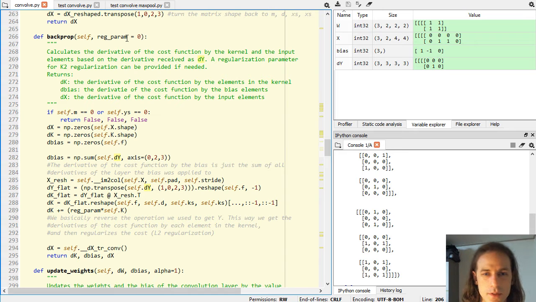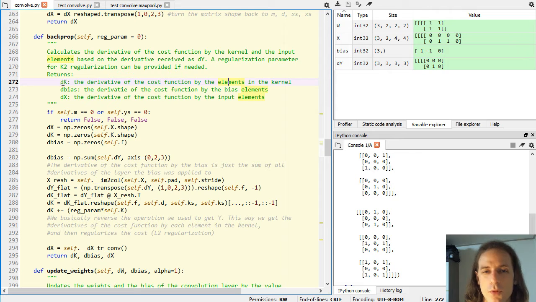There is also the regularization parameter, because sometimes you want to regularize your things. I'm not going to talk about regularization now. Maybe next time, maybe some other time.